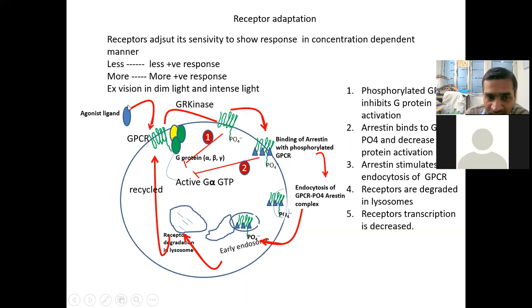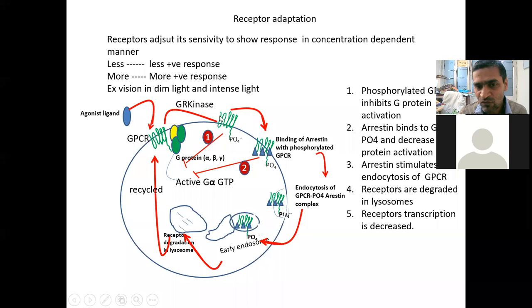As soon as ligand binds to these receptors, they are activated, G proteins are activated, and downstream phenomena start taking place, as we have already studied in GPCR signaling. But at the same time, what happens? These ligand bound GPCRs are also acted upon by GPCR kinase. What does this kinase do?